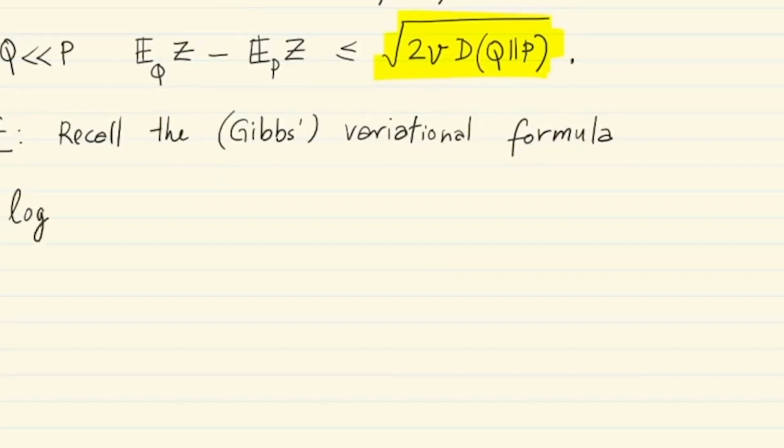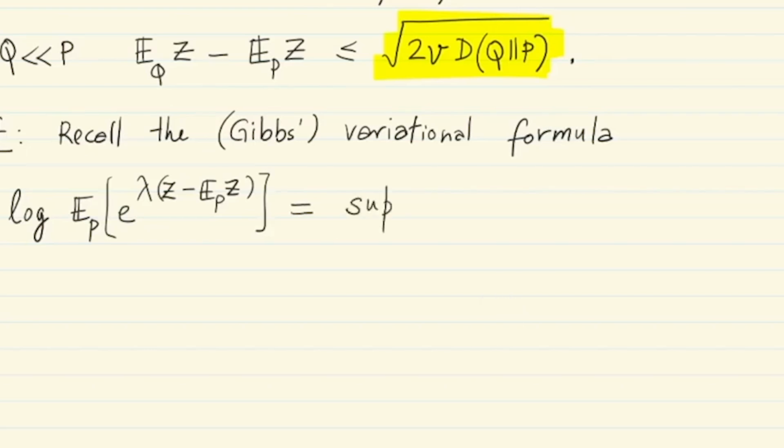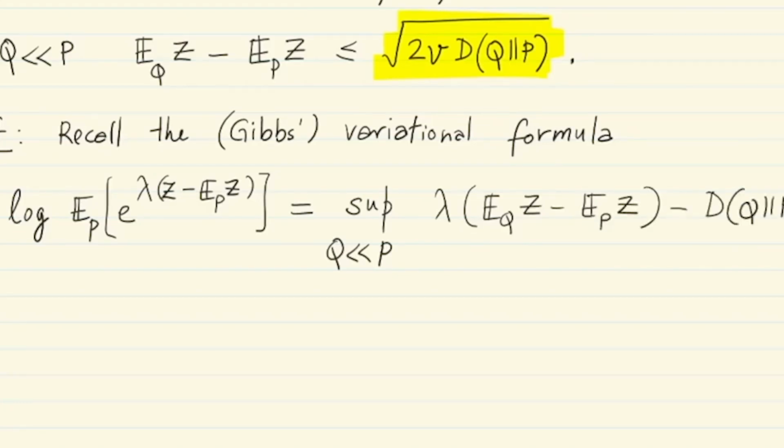It states that the log moment generating function of a centered random variable is in fact equal to the solution of an optimization problem over all distributions Q absolutely continuous with respect to P of lambda times (E_Q[Z] minus E_P[Z]) minus D(Q with respect to P).